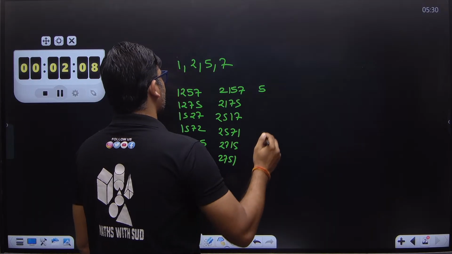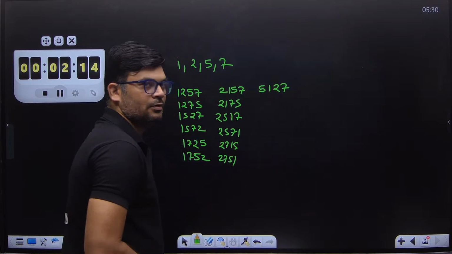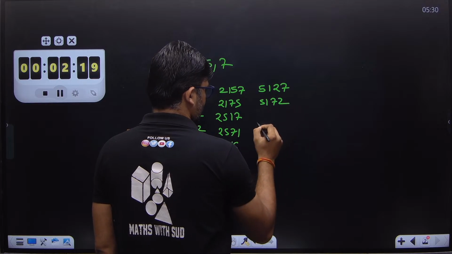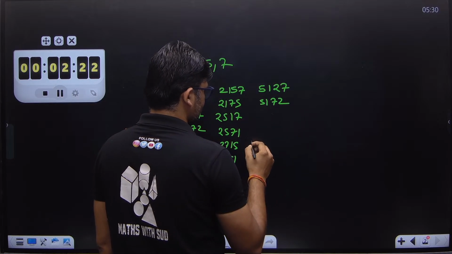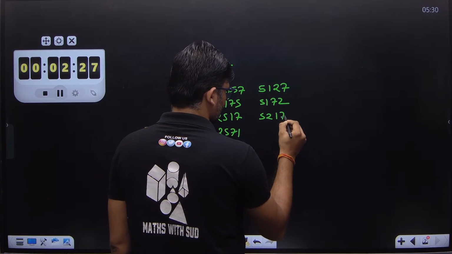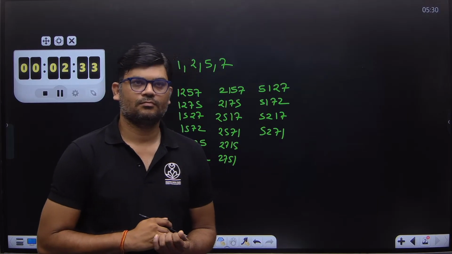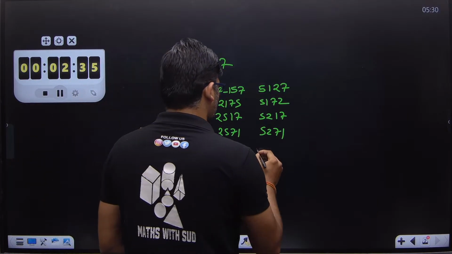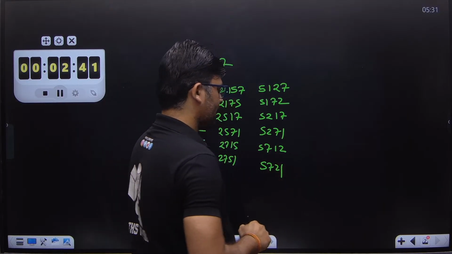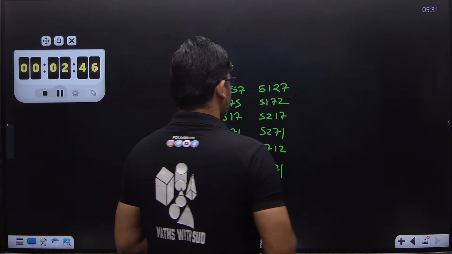Then start with 5. 5, 1, 2, 7, 5, 1, 7, 2, 5, 2, 1, 7, 5, 2, 7, 1, 5, 7, 1, 2, 5, 7, 2, 1.